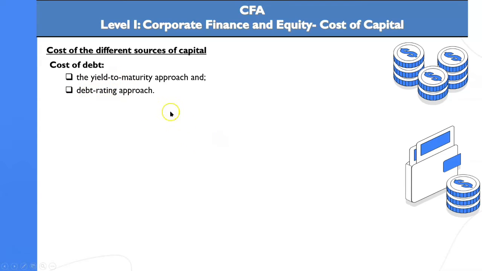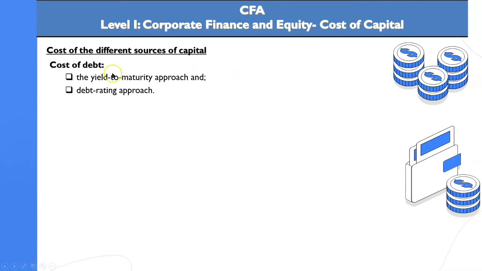But let us see what we mean by yield to maturity. This means that we assume that the bondholder holds the bond until maturity. That means if you buy the bond today and the remaining period for the bond is 5 or 6 years, what return will you get if you hold on to this bond until the maturity date and then get the original amount, normally $1,000, from the company?